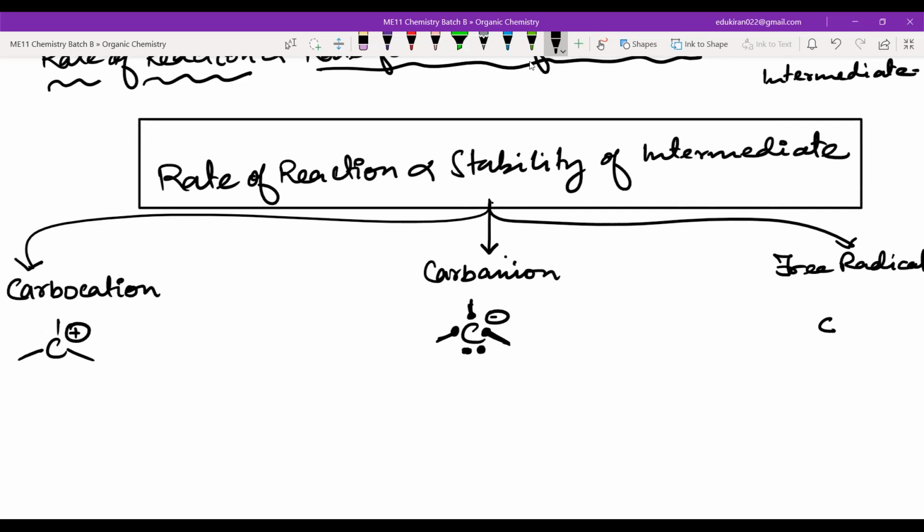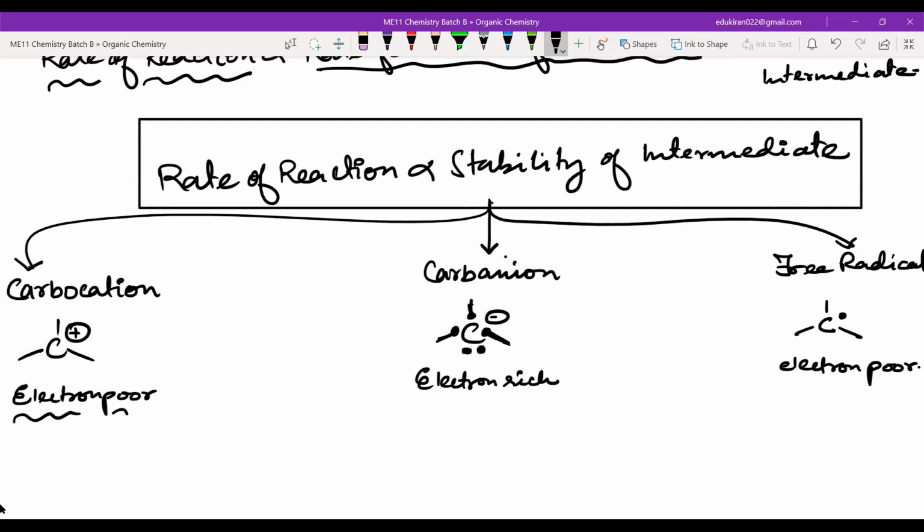And in free radical, this carbon is also unstable. All of these intermediates are unstable. This is electron poor, this is electron rich, and this is free radical, which is electron poor. So we have 3 types of intermediates in which carbocation and free radical are similar, and carbanion has more electrons.